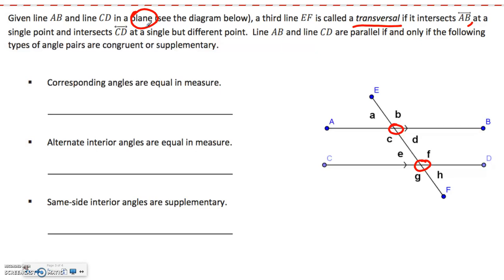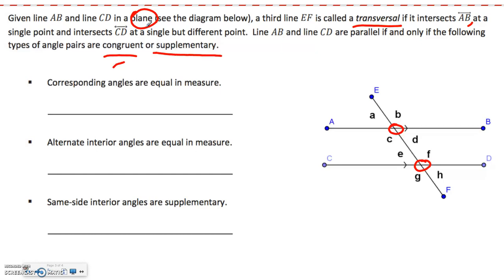Line AB and line CD are parallel if and only if the following types of pairs of angles are congruent or supplementary, okay? Remember what congruent means and supplementary?